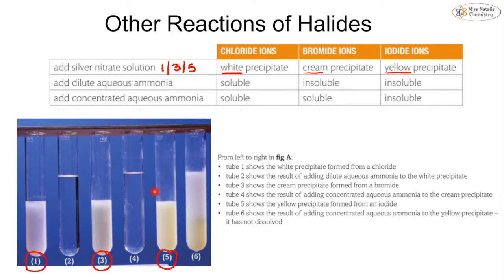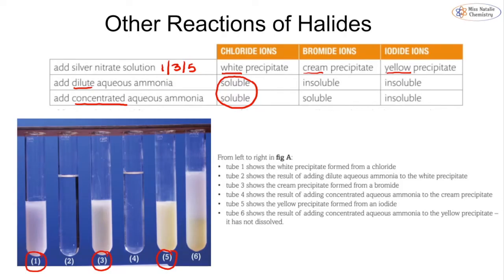Now, we can then use the solubility in ammonia to tell us the difference between these three so that we're not using our subjective colours. Regardless of if it is dilute or concentrated, chloride ions are going to be soluble. So if you make a precipitate that you think looks white but you're not 100% sure, you can add in some dilute aqueous ammonia, and if the precipitate dissolves, then you know you have chloride.